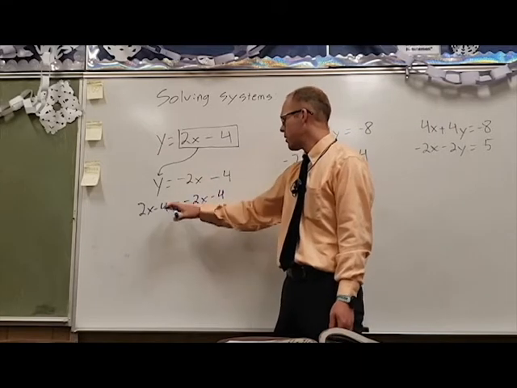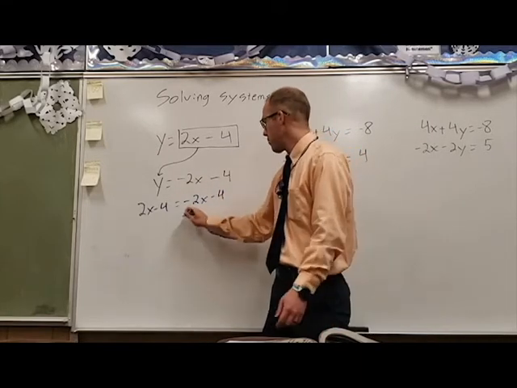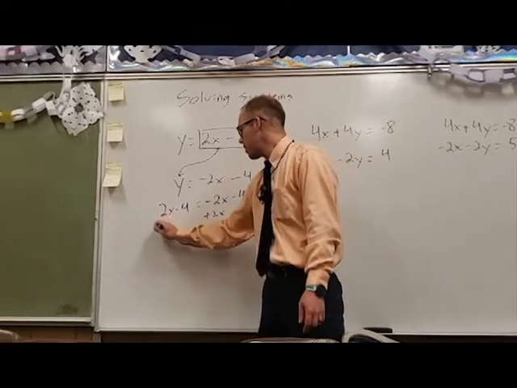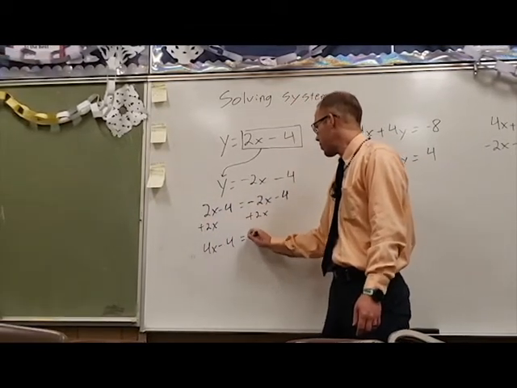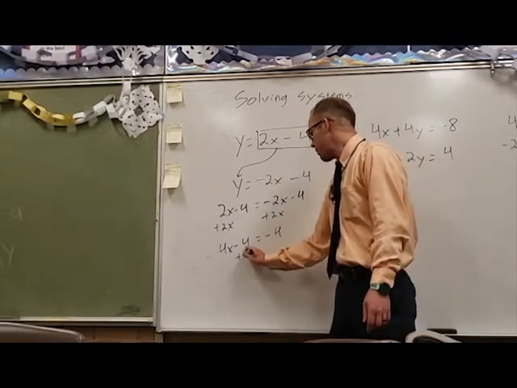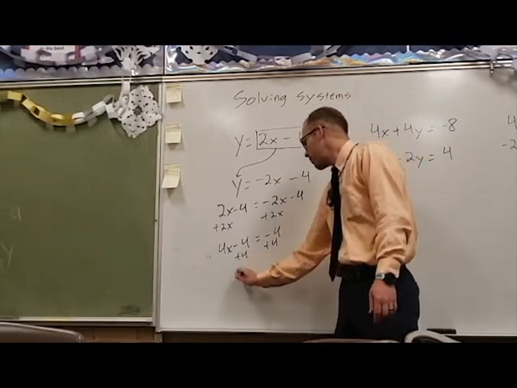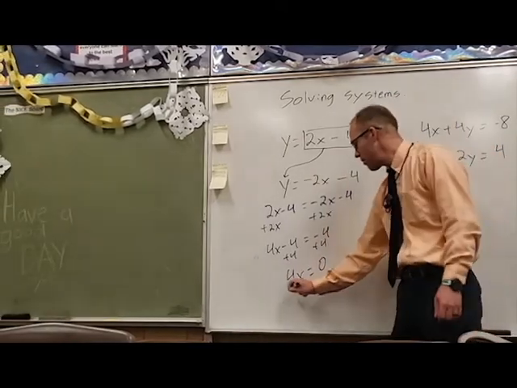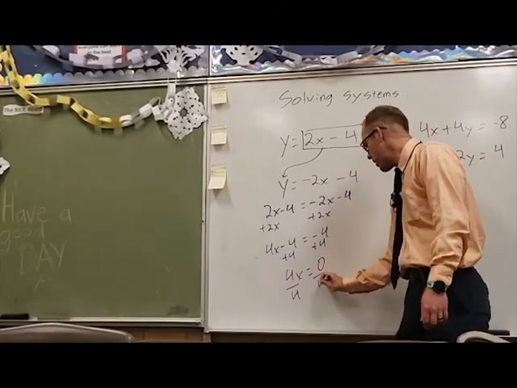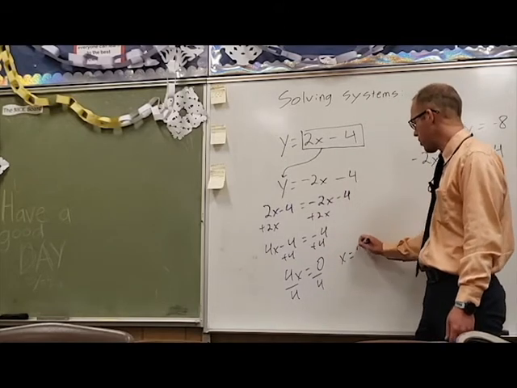Let's solve this by getting all of our like terms together. We'll add 2x on this side, and we get 4x minus 4 equals -4. Let's add 4 to this side, and we get 4x equals 0. -4 plus 4 is 0. Divide by 4 to finish that out, and we get x equals 0.